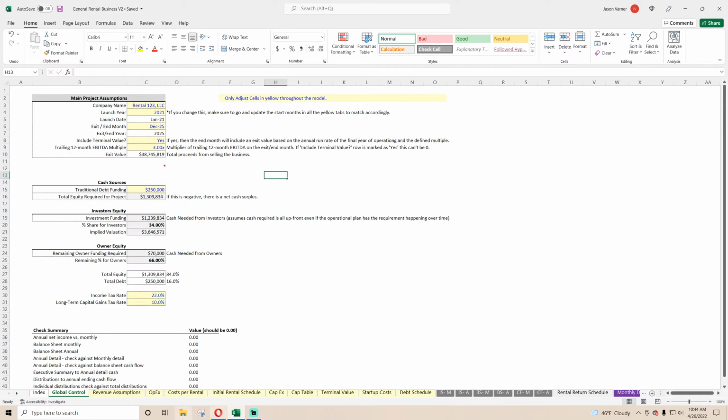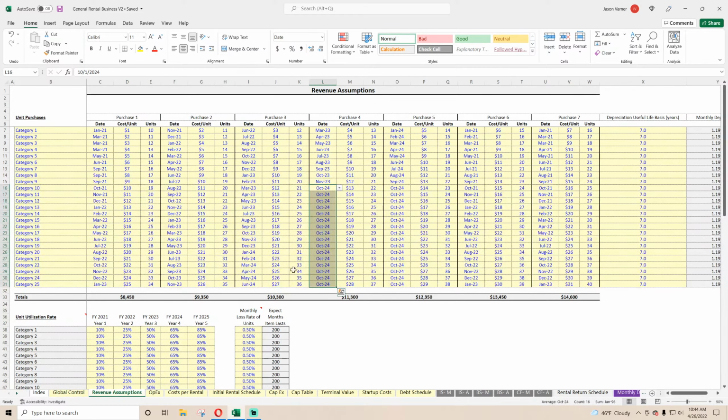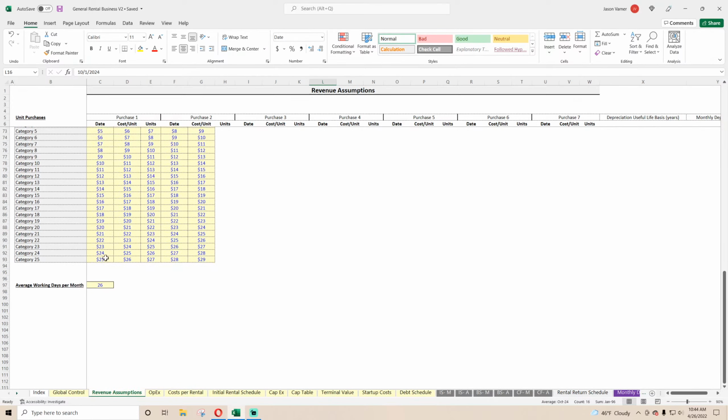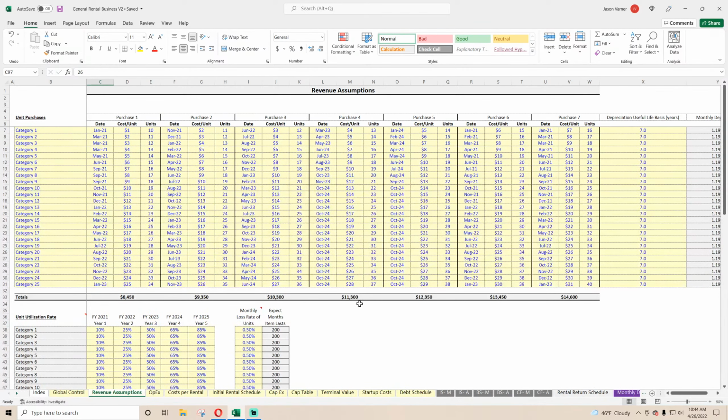You go in here, you create your purchase schedule that'll start driving rent, create your utilization schedule, your rental fees, average working days per month, and everything will populate. There's even on this model a loss rate. That's saying that what you buy will likely eventually degrade and not be able to be used anymore.